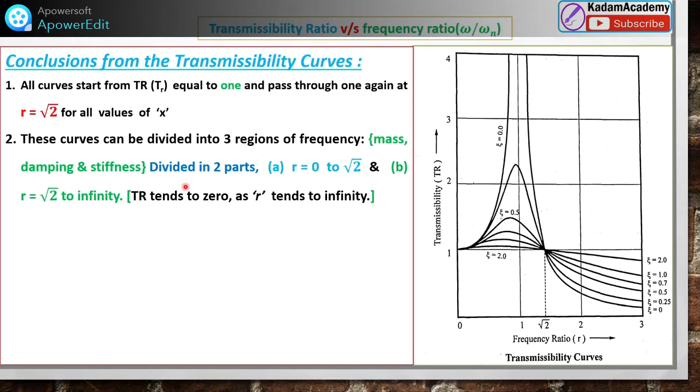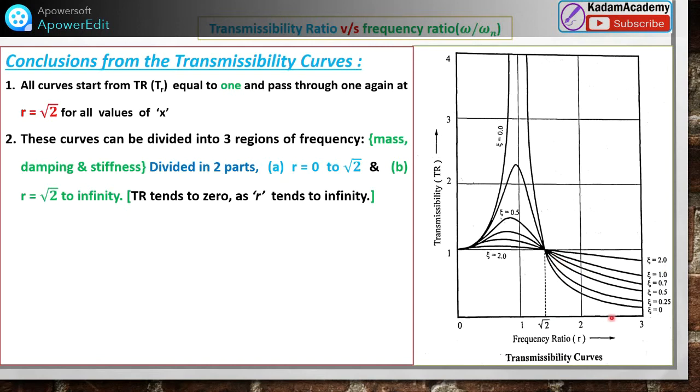Okay. And these 2 parts are there in this diagram. Now we see before this part, the dotted line, the part 0 to square root 2, and after this, from square root 2 to infinity. TR tends to 0 as the frequency ratio r tends to infinity.